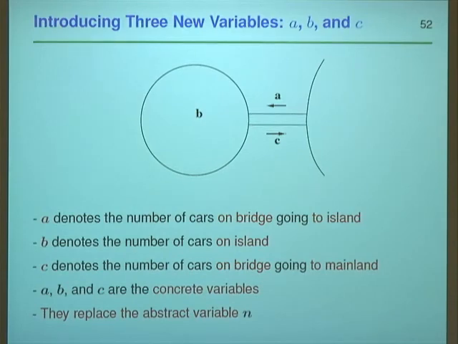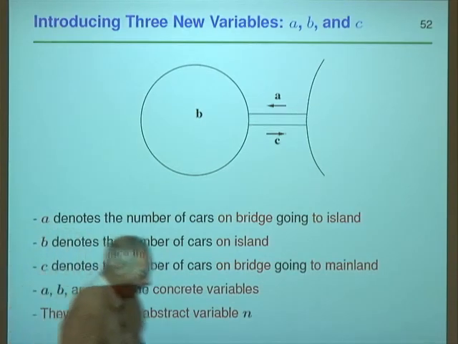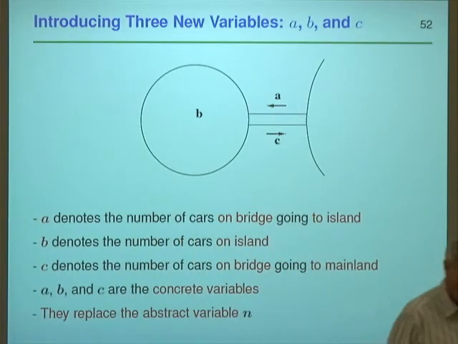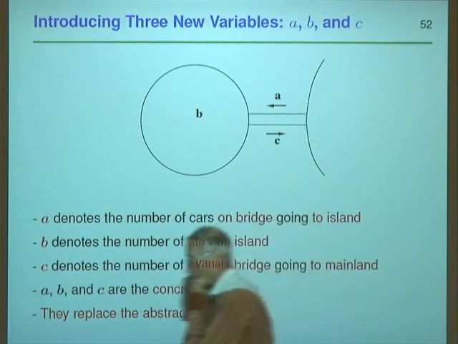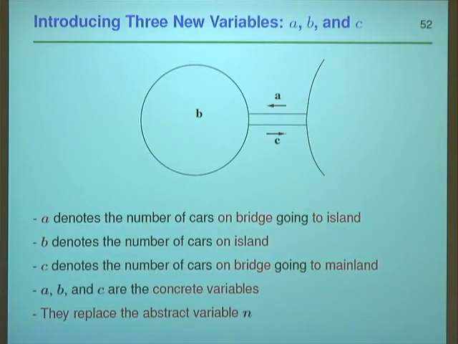Of course, we have to relate A, B, and C with N, the abstract variable we had before. So we have a so-called gluing invariant. We are going to glue the concrete state A, B, C with the abstract state N. And we also have to take account of the fact that the bridge is one way.